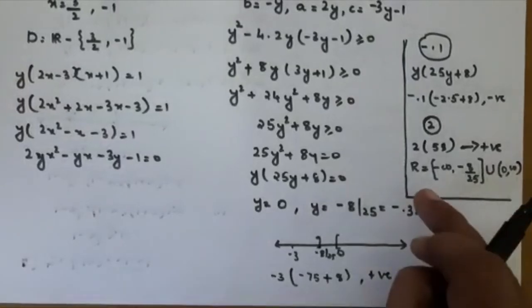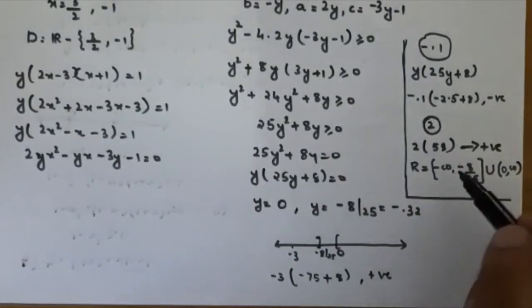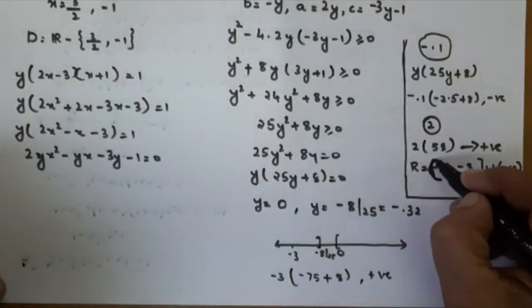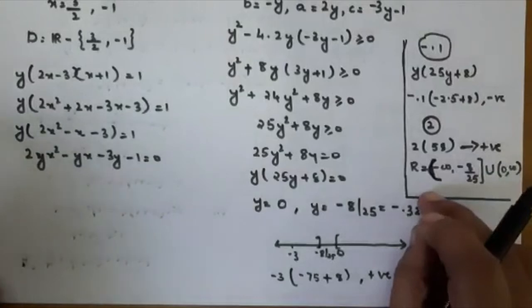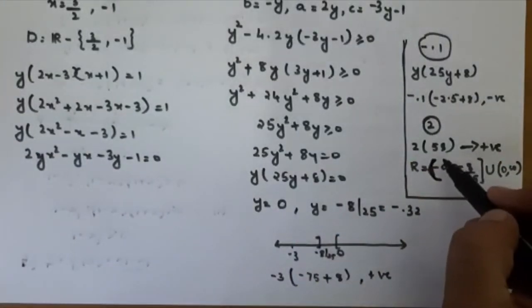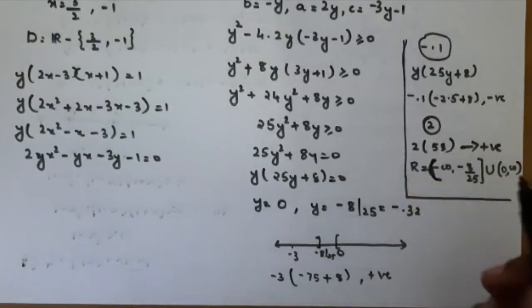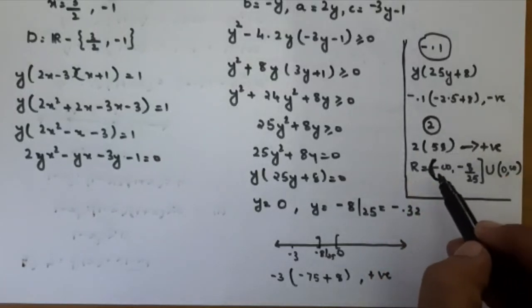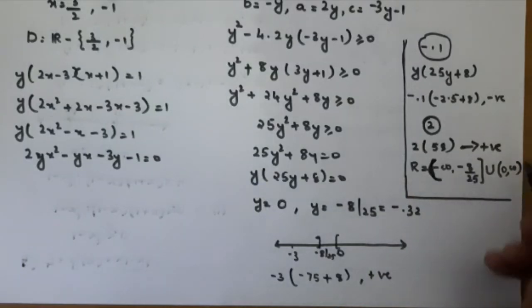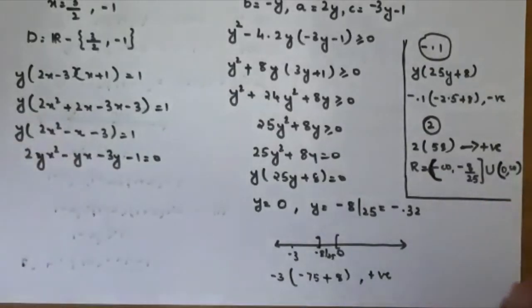Therefore, this is the range. Range is the union of these two intervals. Sorry, here we can't write this closed because minus infinity is not a particular value. Therefore, we have to take the open symbol. Therefore, range is the interval, minus infinity to minus 8 by 25 closed, union open interval 0 to infinity.